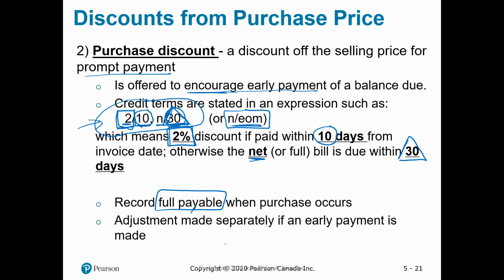So you record a debit to inventory, a credit to AP for the full price. Then, in the future, if you do pay within that discount period, so the 10 days in our example above, you do an adjustment that's made separately. So then later when you actually pay early, you have this adjustment.